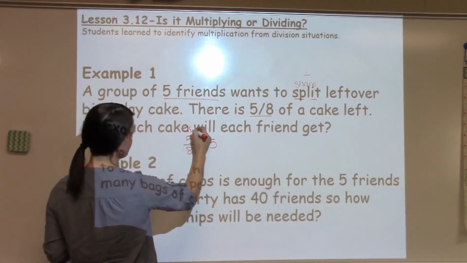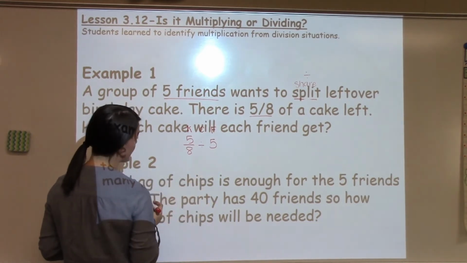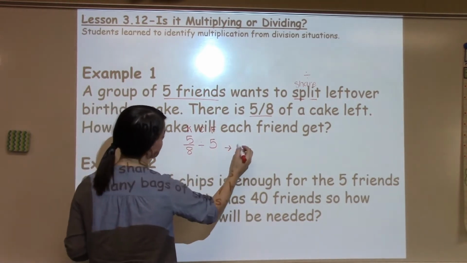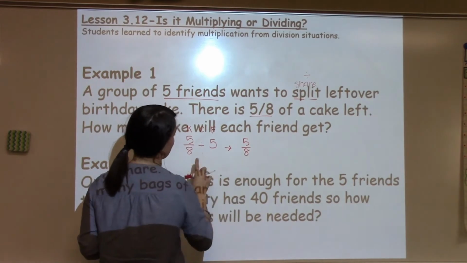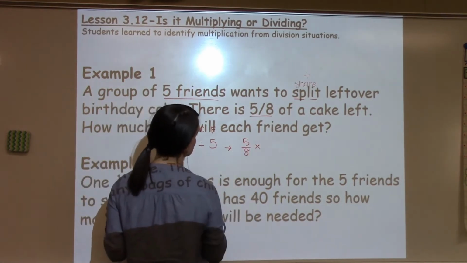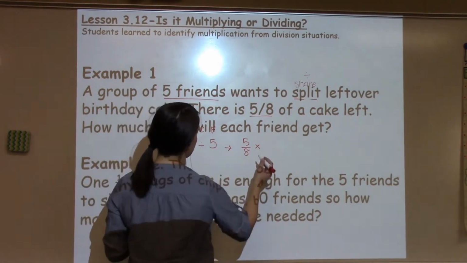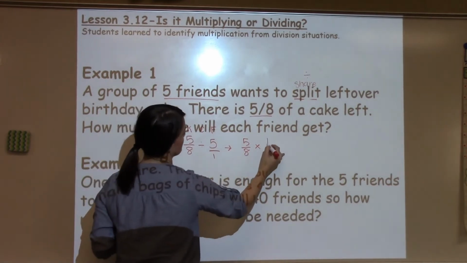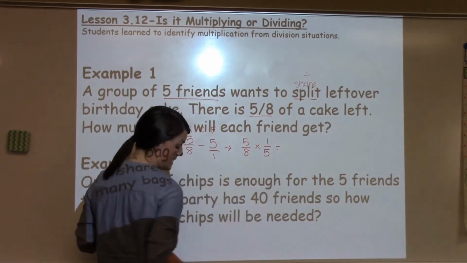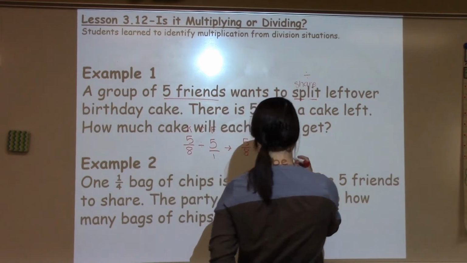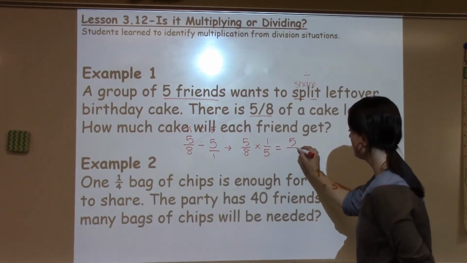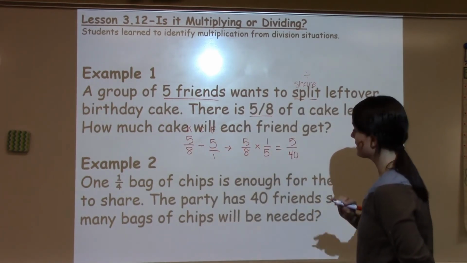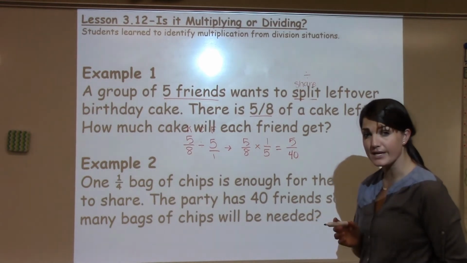Then I'm going to apply my keep, change, flip strategy. I'm going to keep 5/8 exactly the same. I'm going to change division to multiplication, and I'm going to flip that 5/1 to make it 1/5. Now I just get to multiply numerator times numerator, denominator times denominator for a final answer of 5/40.